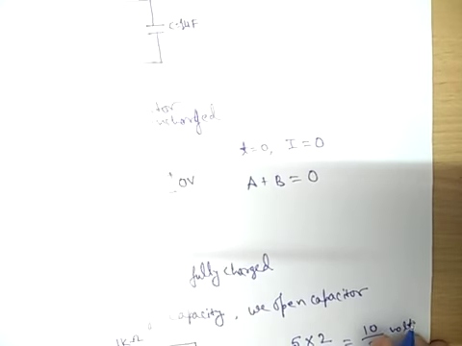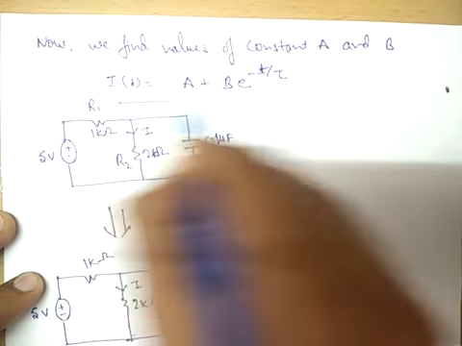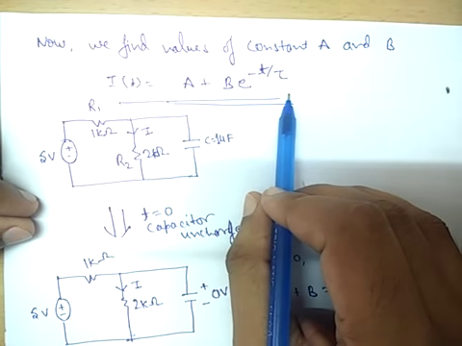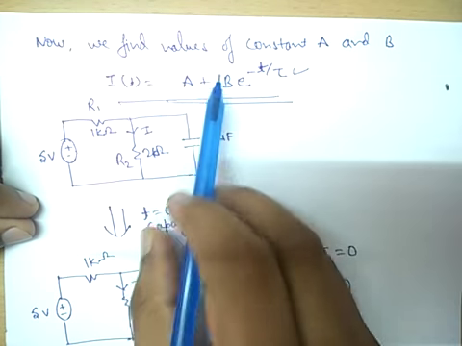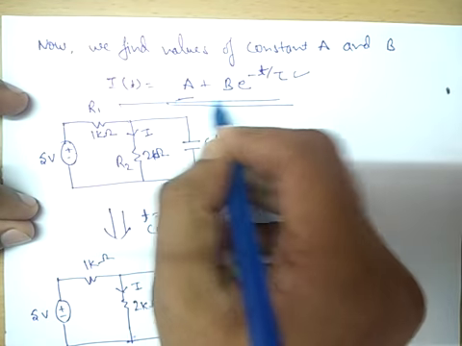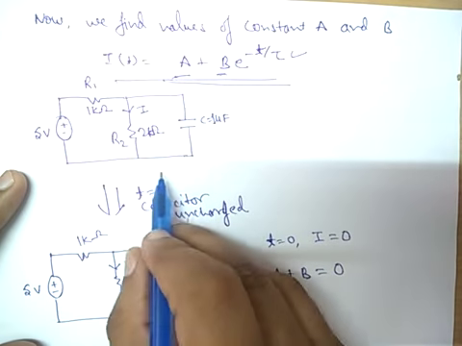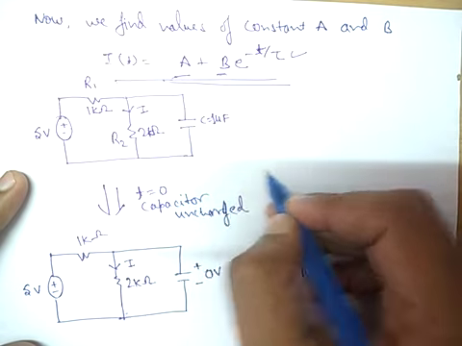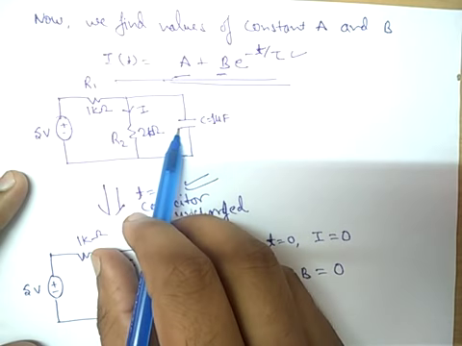Now come to the next part, where we have to find the instantaneous current value. Again, we have written the expression as A plus B exponential minus t by tau. We have already found tau, and now we come to the constants A and B. Start from the question, which I have drawn again. At t equals 0, first of all we analyze the circuit.